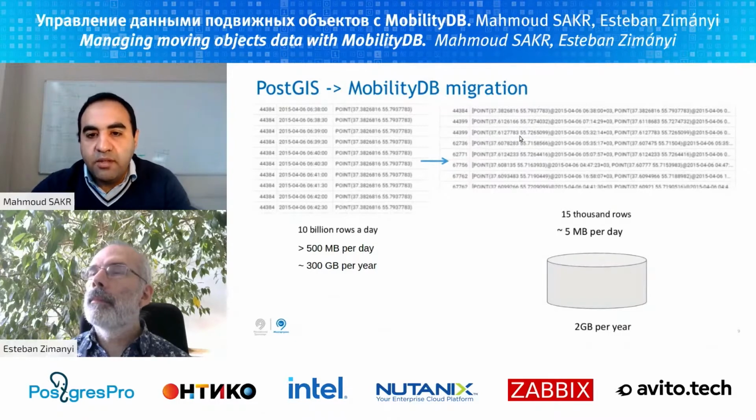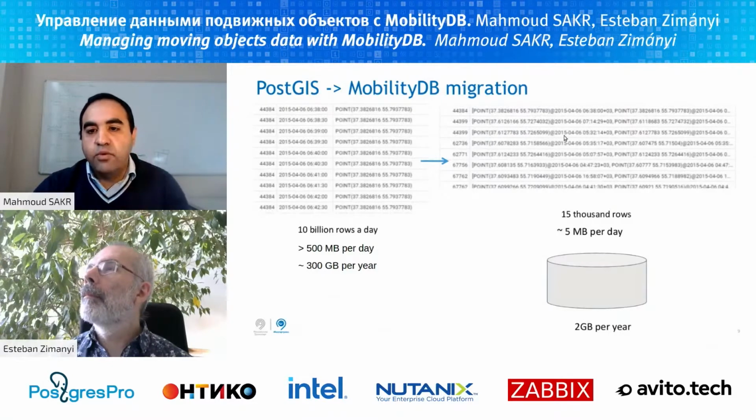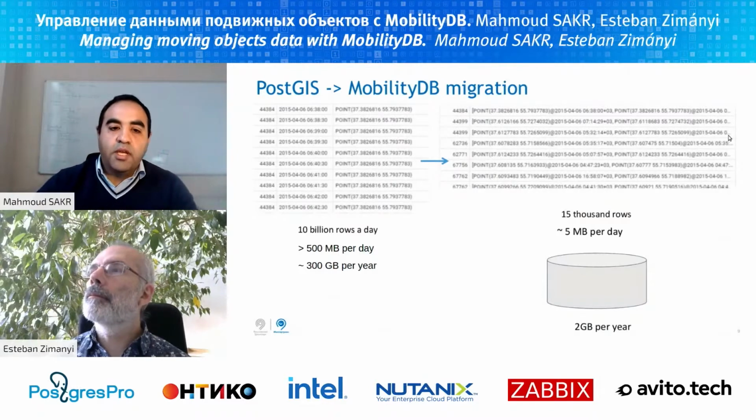If you can see my screen well, you will see that the object has a point and then the @ symbol and then a timestamp, and another point at a timestamp. So it's a compact representation of a complete trajectory.